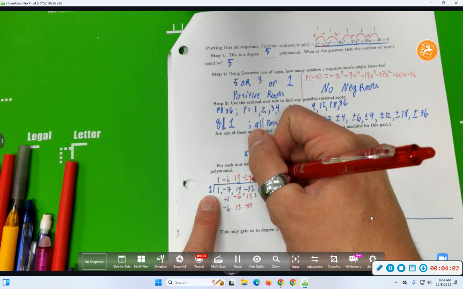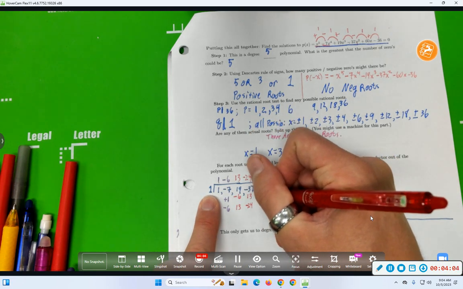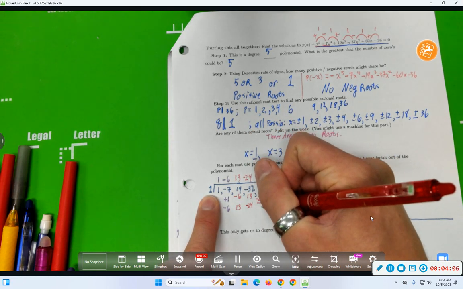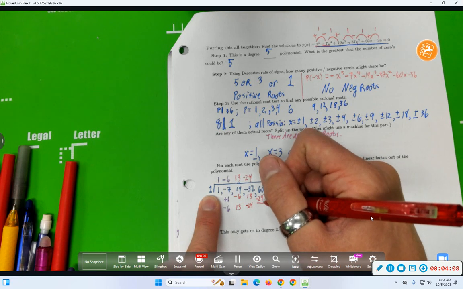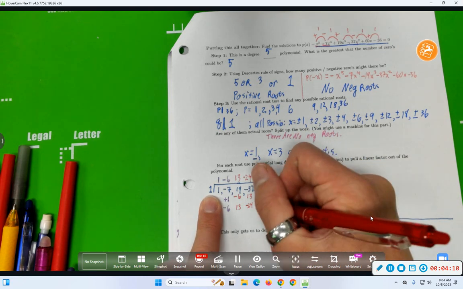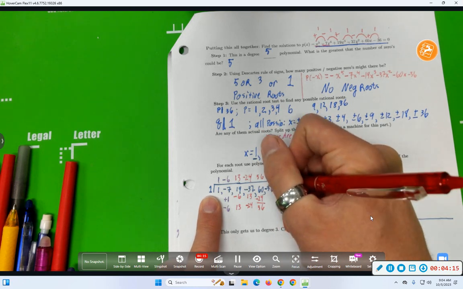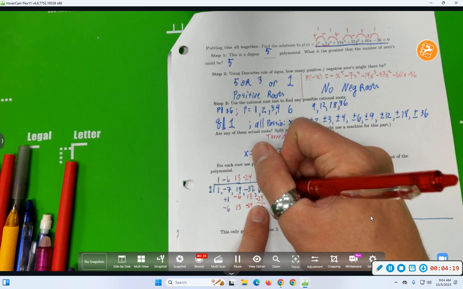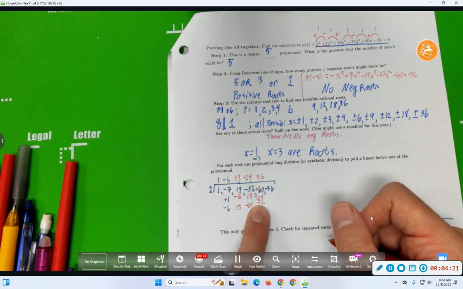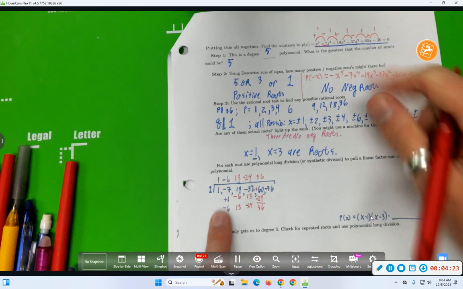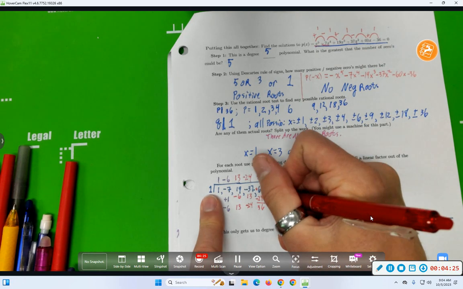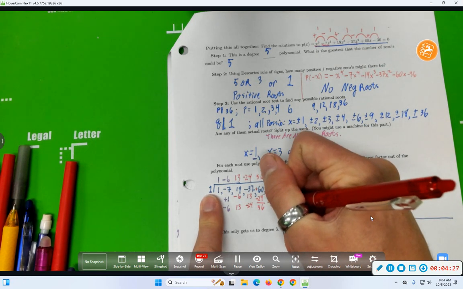Keep on going. 1 times negative 24 is negative 24. 60 minus 24 is 36, so I put a 36 there. Finally, 1 times 36 is 36. Negative 36 plus 36 is 0.